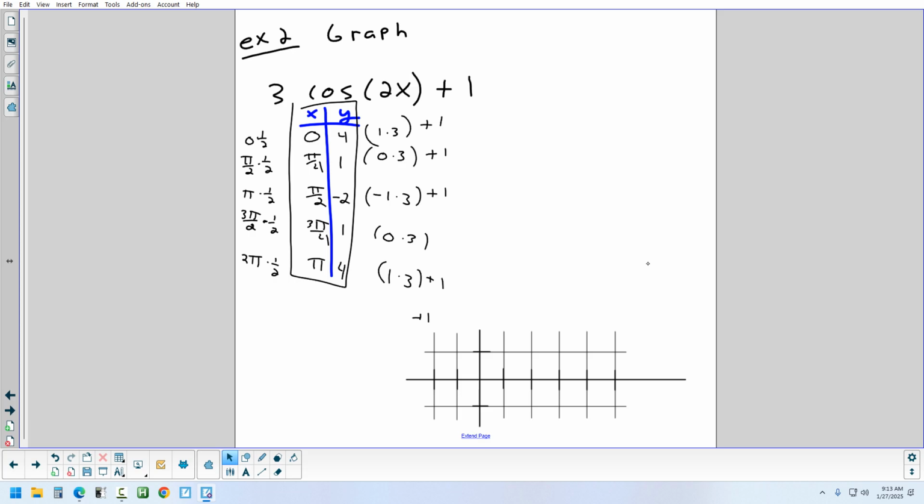All right, now let's do our graph. Okay, so I need to go as high as 4 and as low as -2. So I would go by 2s on the y. I don't have a line up there, but let's pretend like we have one. And -2. X's, they don't look evenly spaced because the denominators are different.